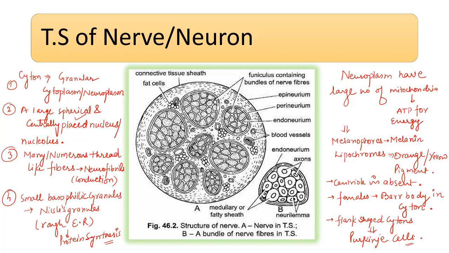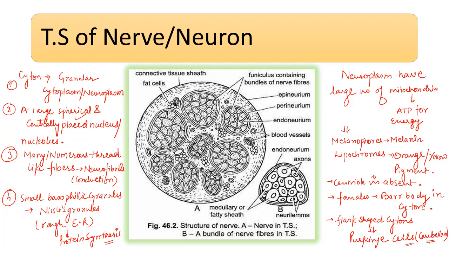These Purkinje cells are found in the cerebellum part of the brain. Understood? So these are the different parts or the anatomical features of the cyton.